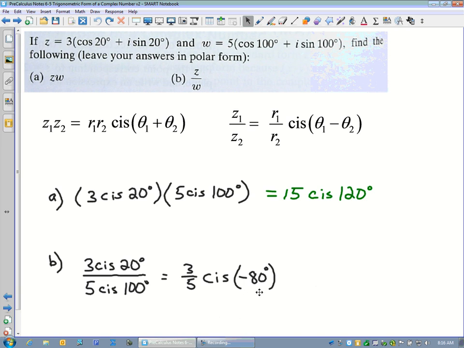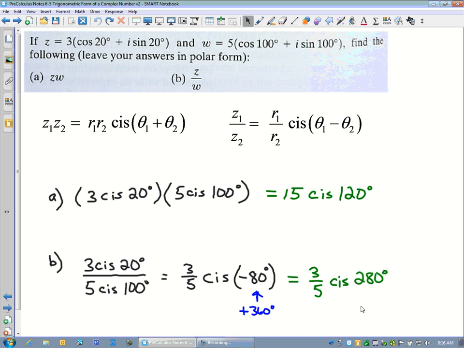So here, we want a coterminal angle to a negative 80 degree angle. Well, if you remember, we can add or subtract multiples of 360 and the angles will be coterminal, so you simply add 360 to this number and you're going to get an equivalent angle, which is 280 degrees. So our final answer is 3/5 cis 280. And remember, cis is cosine plus i sine.